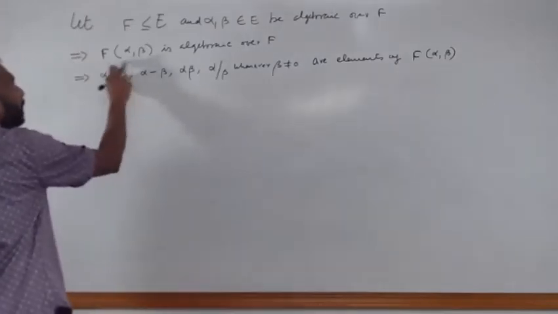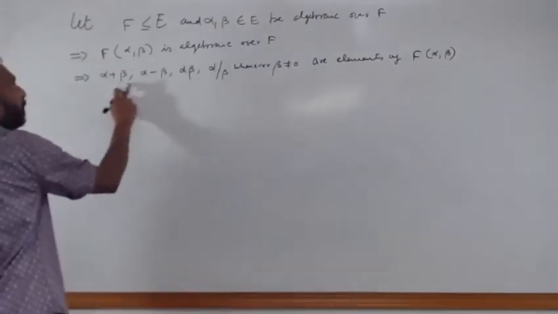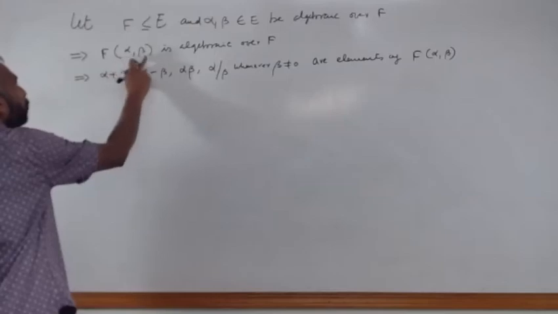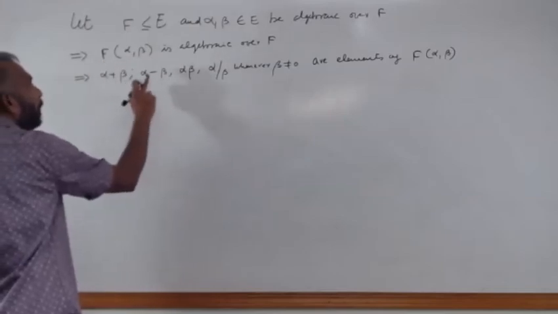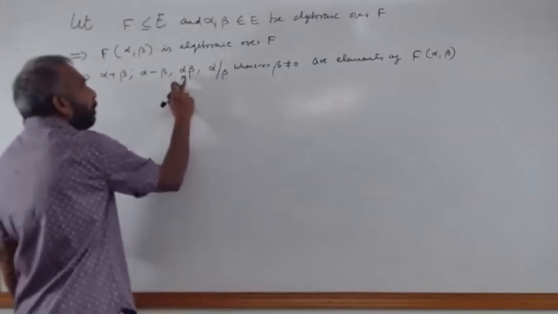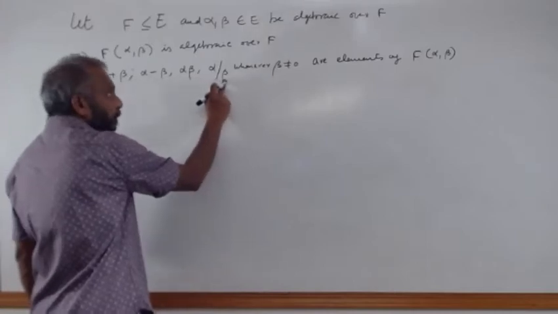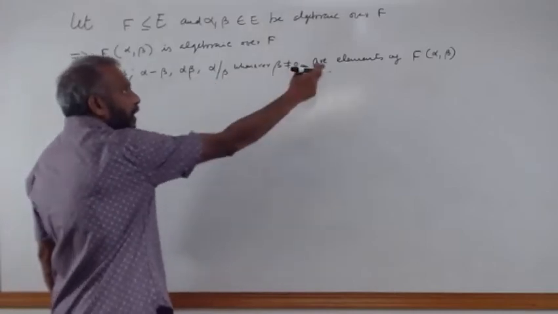Because F of alpha beta is a field, so these are elements. So if these two are elements of this field, then sum, subtraction, multiplication and division when beta is different from 0 are elements of this.